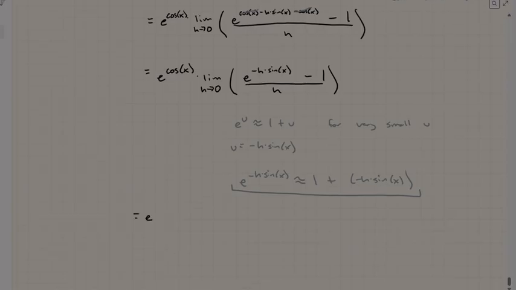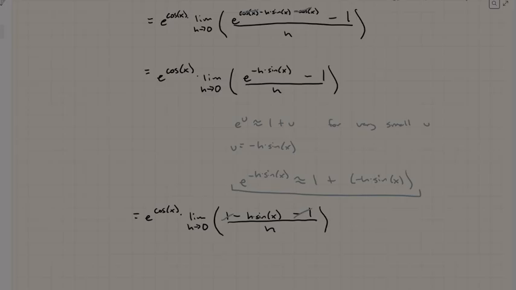So then now we've got e to the power of cosine x times the limit as h goes to 0. Now, instead of e to that exponent, we're just going to write this as 1 minus h sine x. And then we've also got minus 1 over h. All right, 1 minus 1.